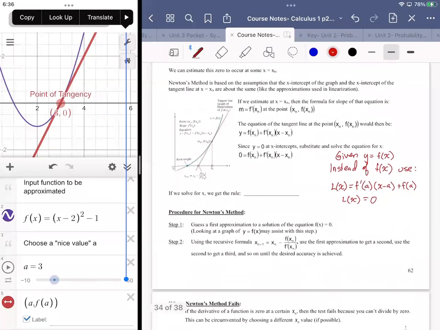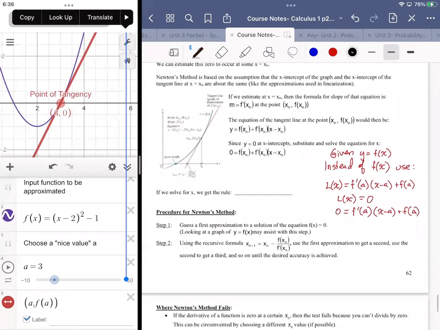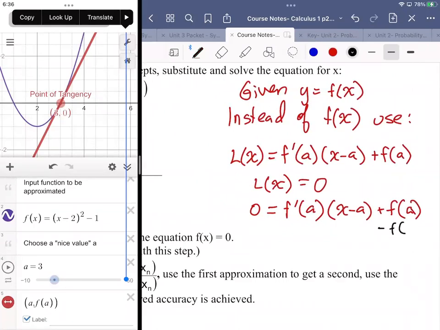And so in doing so, we would get 0 is equal to f prime of a times x minus a plus f of a. All right. And so I would solve this by subtracting off an f of a.